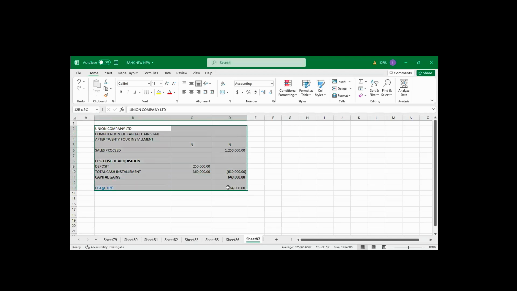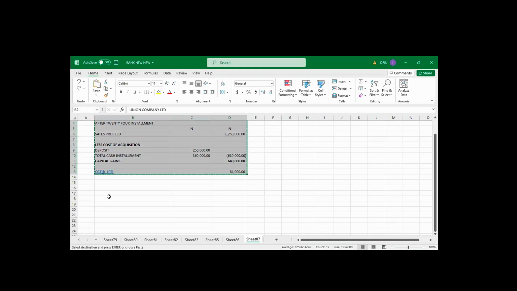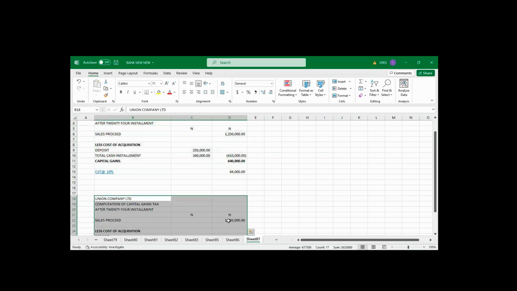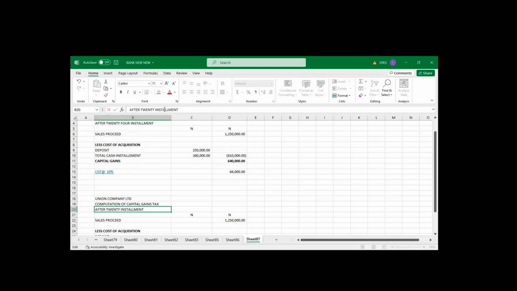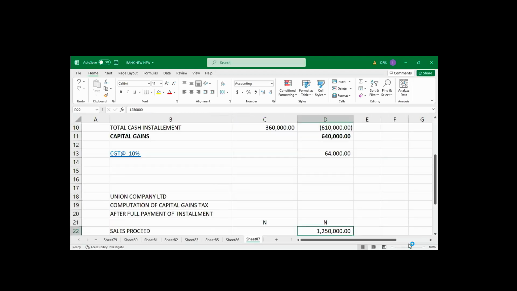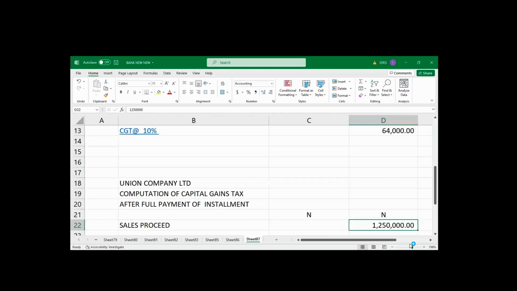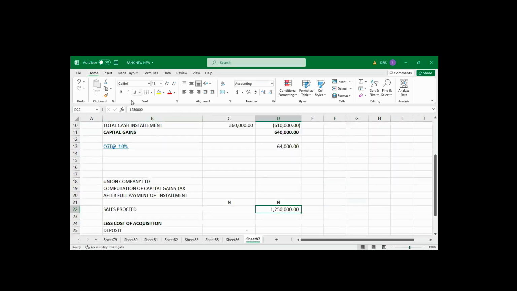If you want to do that question, you can use this first step. The sales proceeds, after we are asked to compute the capital gain tax after the payment of full installments, the asset was disposed for 1,300,000.